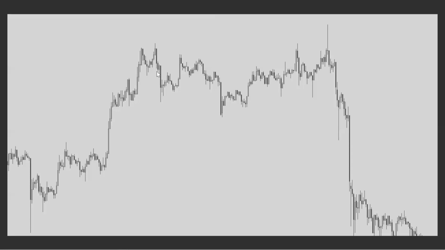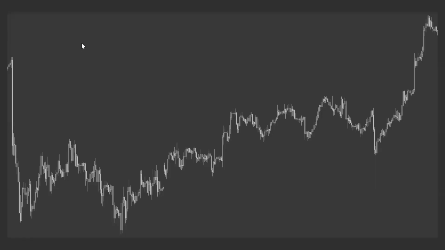So here's quite a nice example from Euro JPY a while back, and you can see that price is clearly trending up here. Okay, so what you want to be doing is trading against both people who call tops early and people who call for an end to the range.